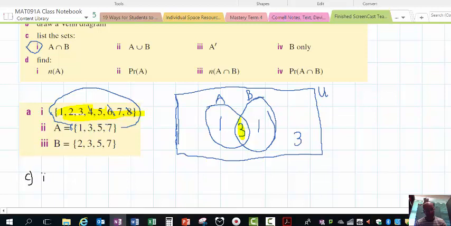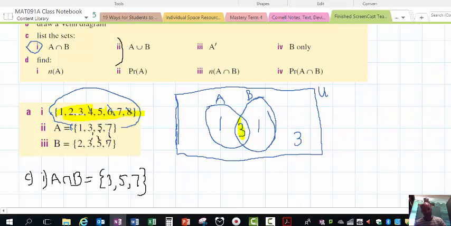So A intersection B is, well, what's in both? 3, 5 and 7 are in both. So we go 3, 5 and 7.